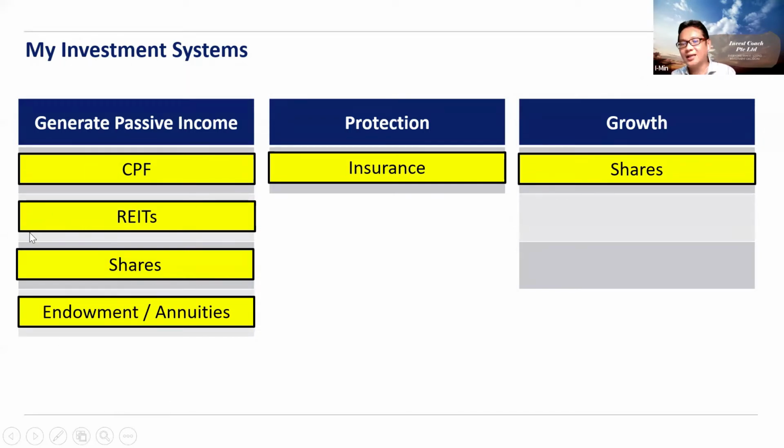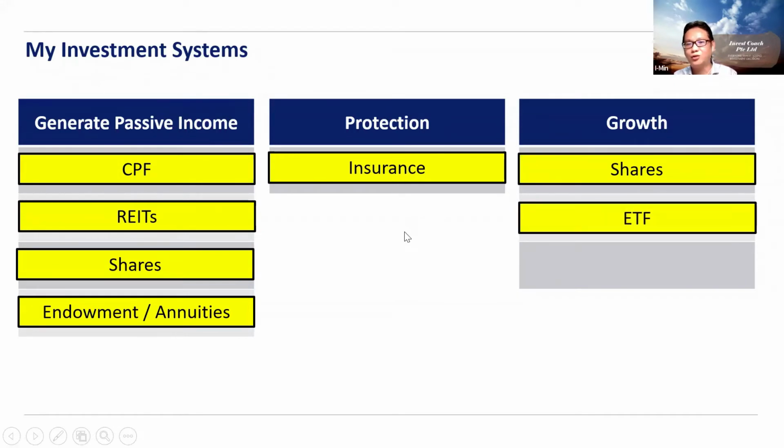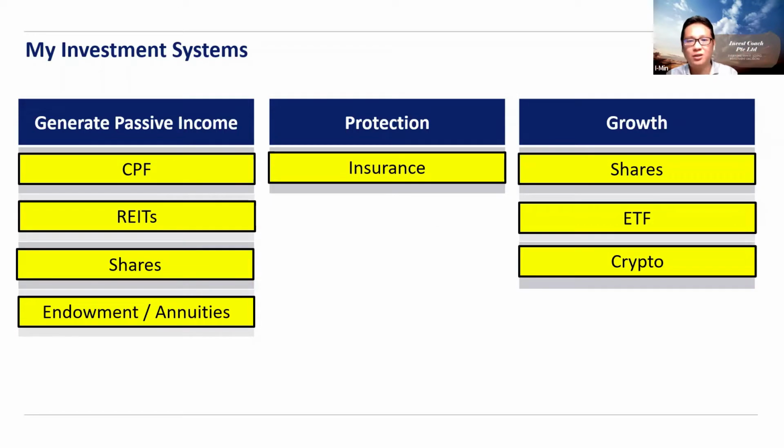But the thing here is this: if it does perform well, you definitely can accelerate your wealth accumulation process. You can achieve your investment objective faster. So in my case, I do invest in growth instruments like, of course, shares, ETFs. I'll get Jimmy to talk a little bit about it later, and even things like crypto.